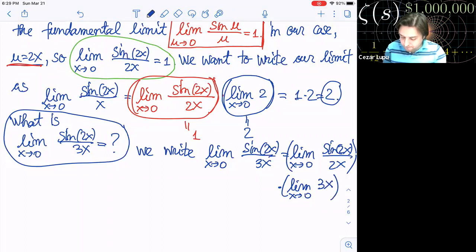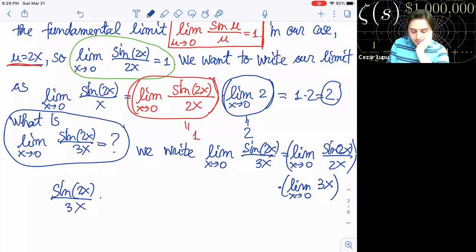Really, by 3x? Let's see. Sine of 2x over 3x is sine of 2x over 2x times what?